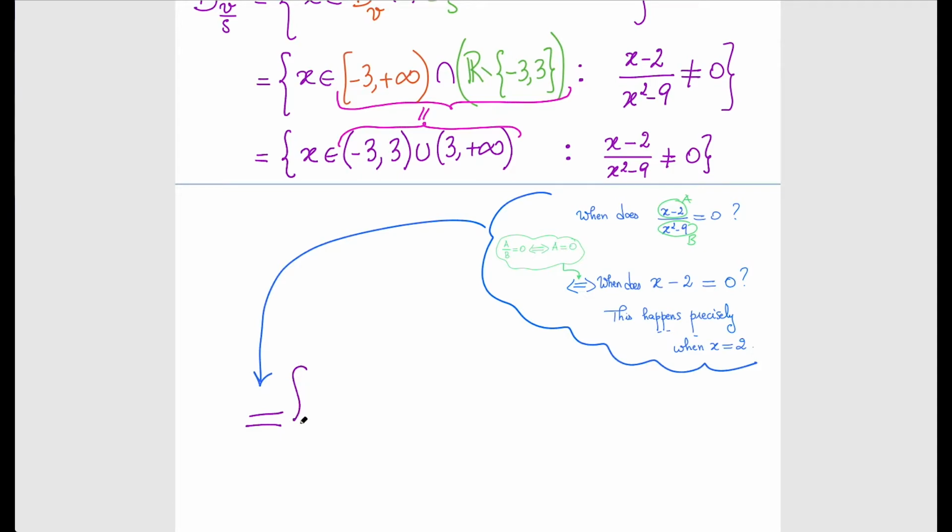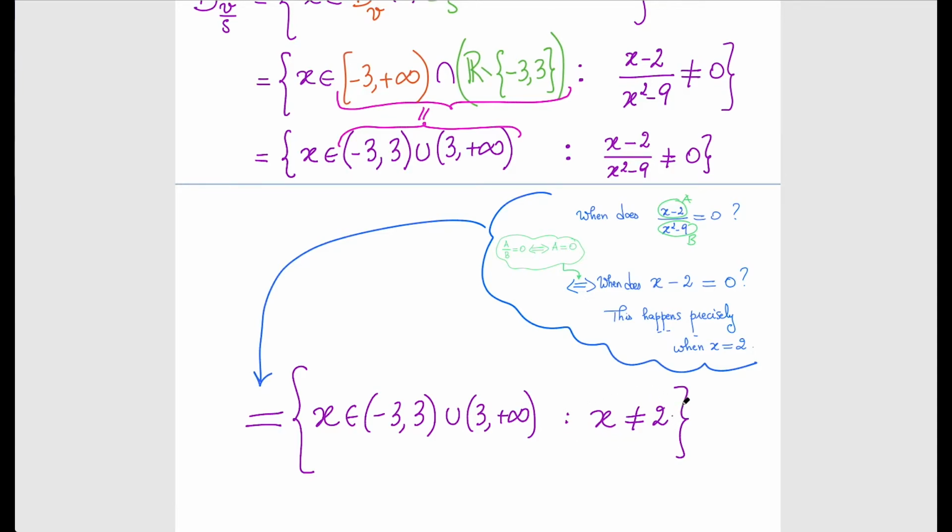Equal the collection, the set, I'm still talking about the same thing, of all numbers from minus 3 all the way to infinity, excluding minus 3 and 3, so this set, such that this happens, but we understand when this happens, when x is not 2. Make sense? So this part can be replaced by this guy.